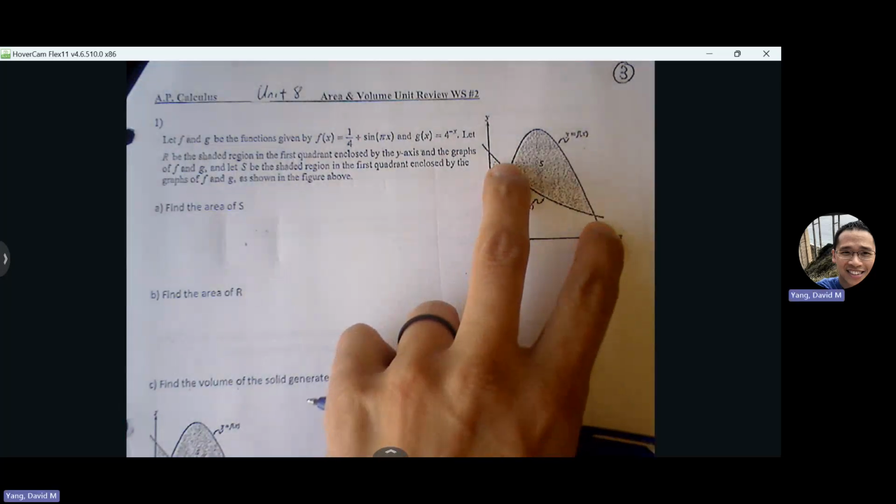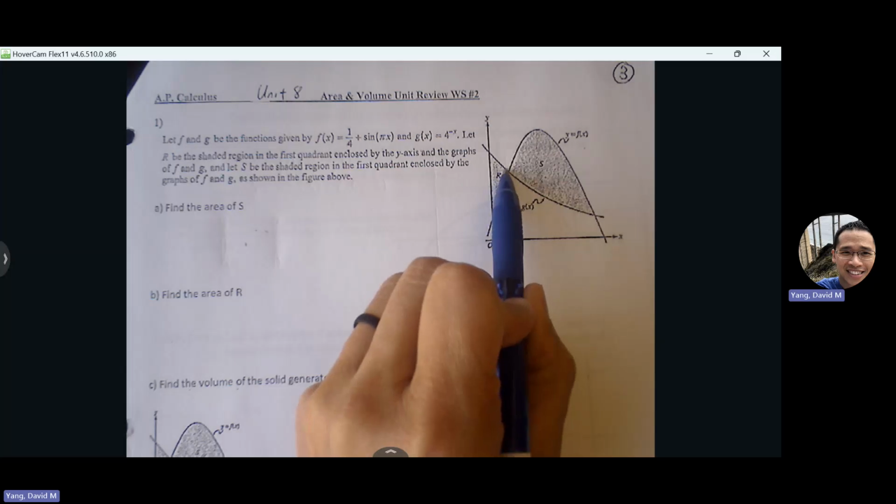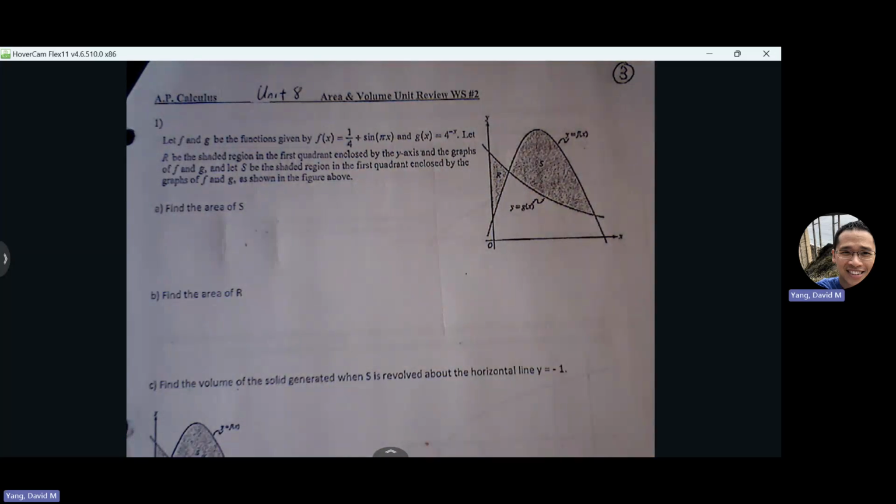So go ahead and graph your two functions. The important thing here is figuring out these intersections so that you can use them for your area bounds.